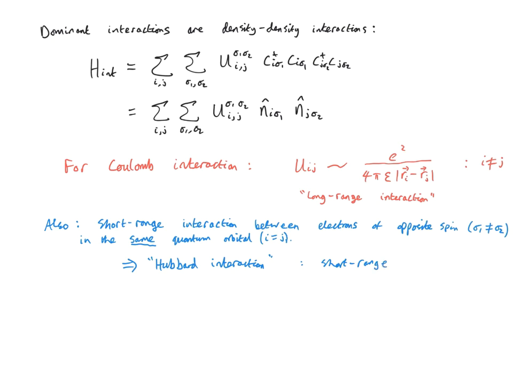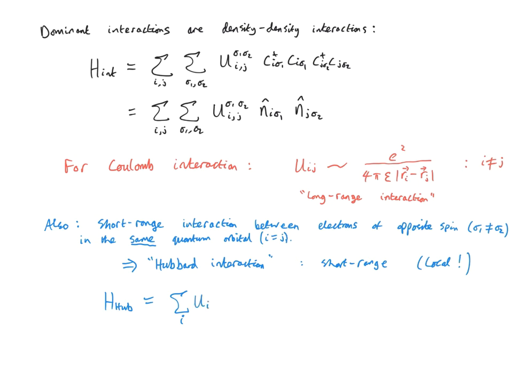It's really short range, it's just local, in fact. So if you write down this Hubbard term in our Hamiltonian, this is now diagonal in the site index, because we're considering just a local effect.